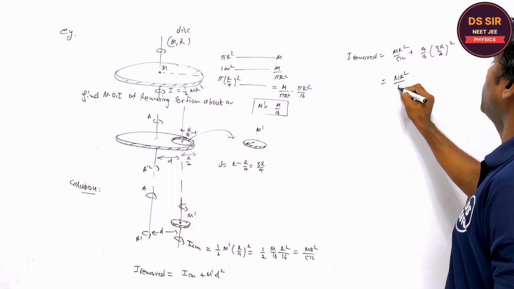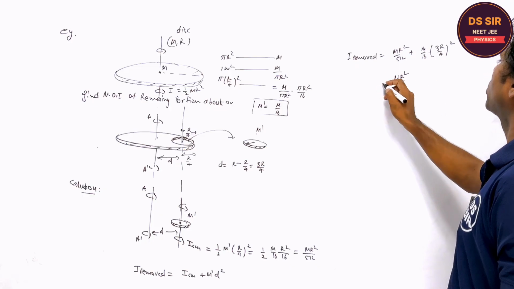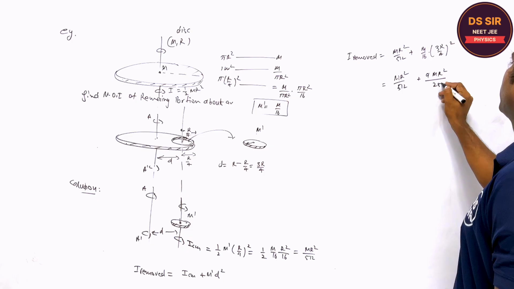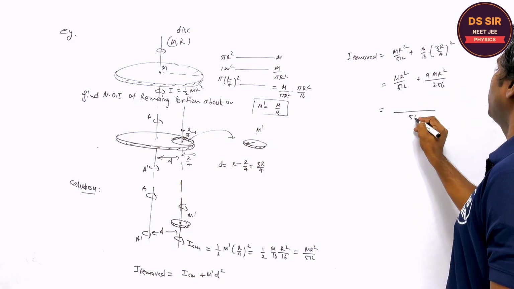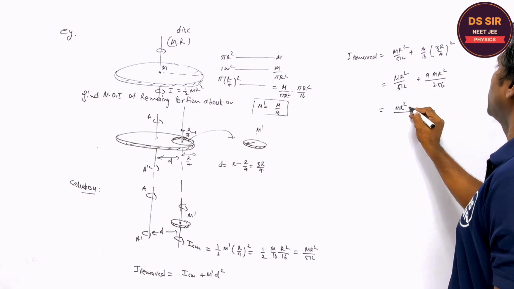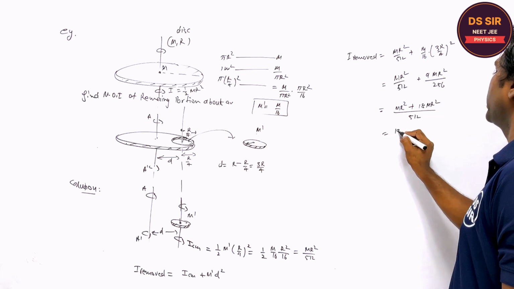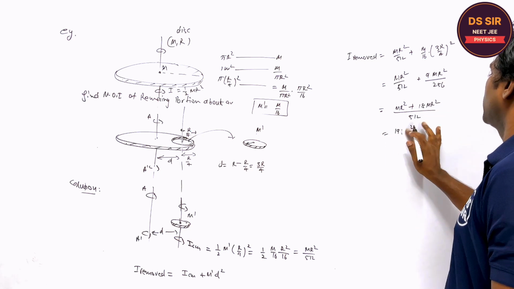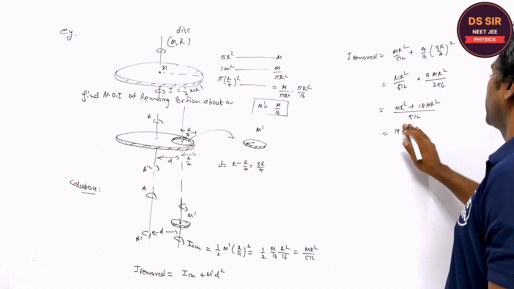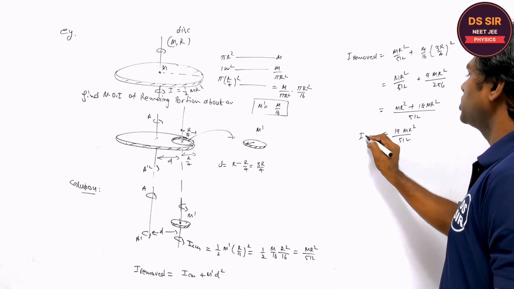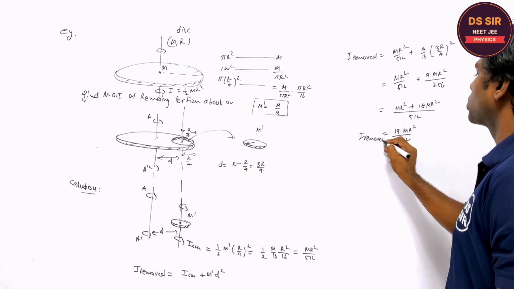So mr square upon 512 plus 9 mr square upon 256. So this is mr square plus 18 mr square over 512, which is equal to 19 mr square upon 512. So this is the moment of inertia of removed portion.